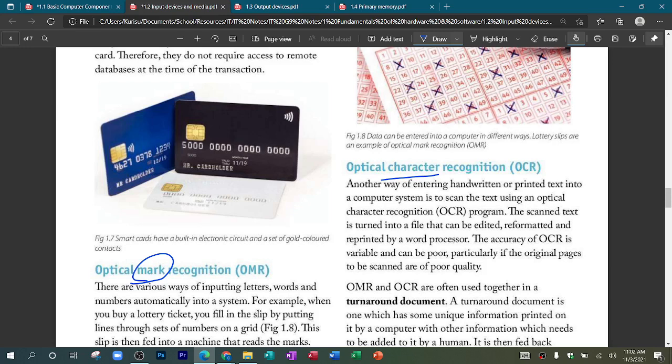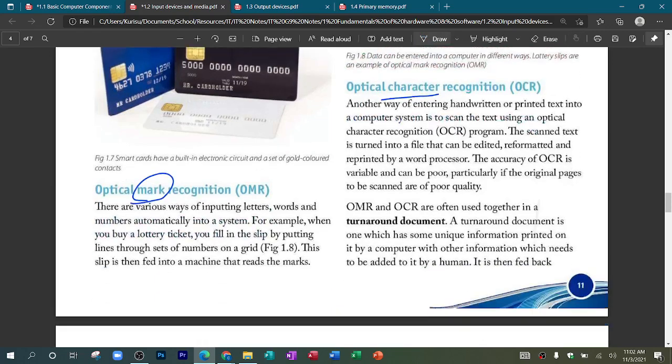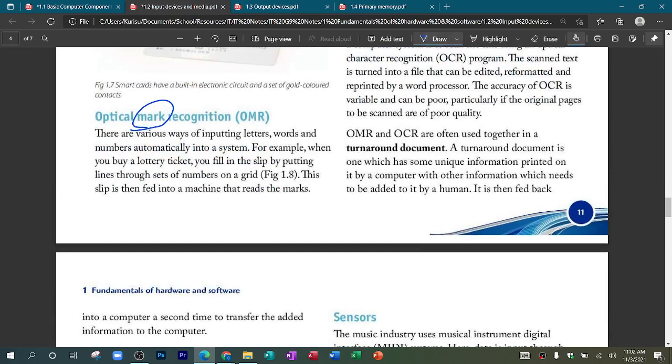Not just scan it and print it, but be able to edit it also, to make any changes to it. And it is also used with a turnaround document. So one side would have an OCR, whereby you put in information, and the other side might have an OMR, where you make marks on the document.